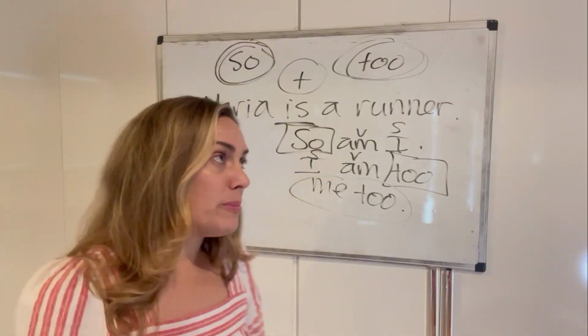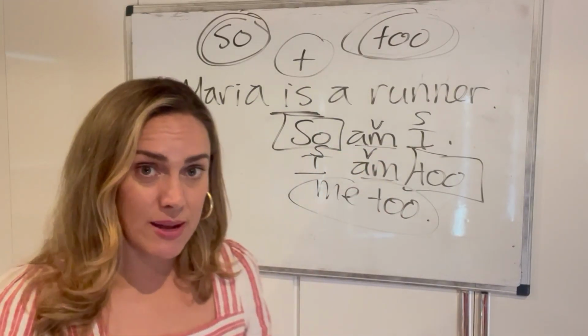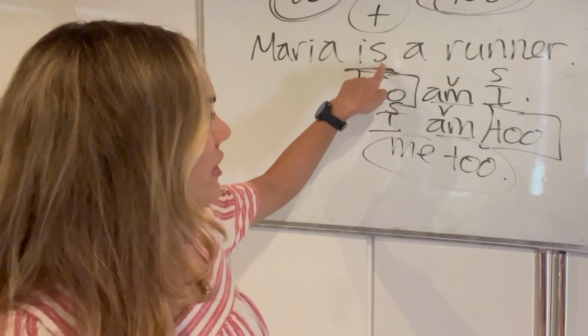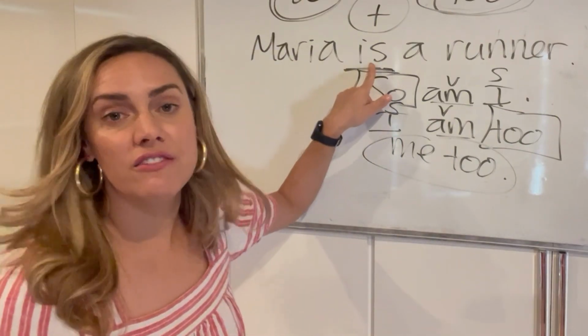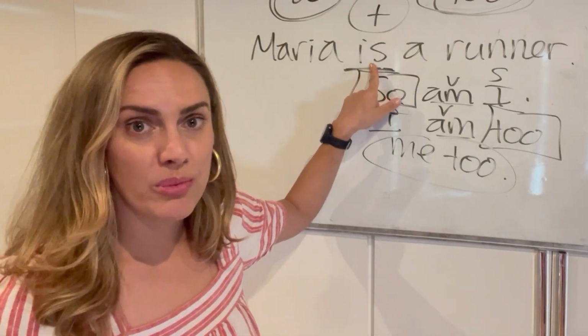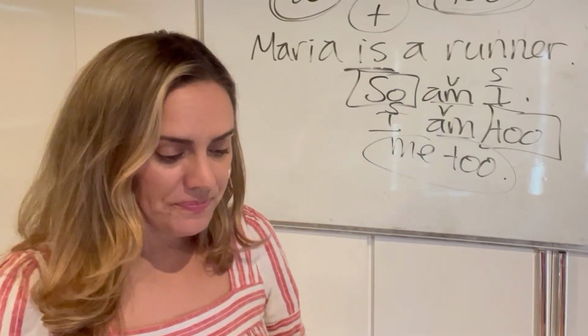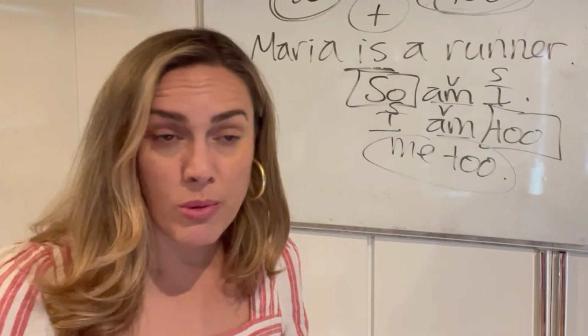Now, be careful because the verb that you use in this statement has to reflect the verb in the original statement. So here the verb is be and it's simple present. I'm going to give you some other examples of how it gets a little more complicated.